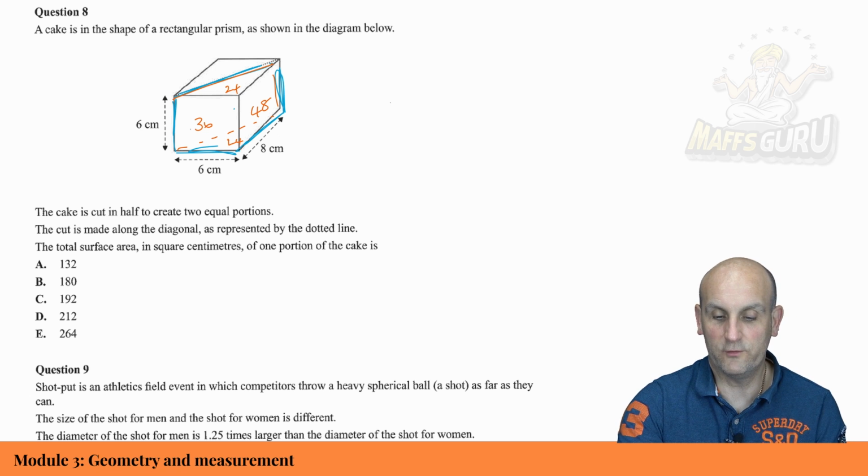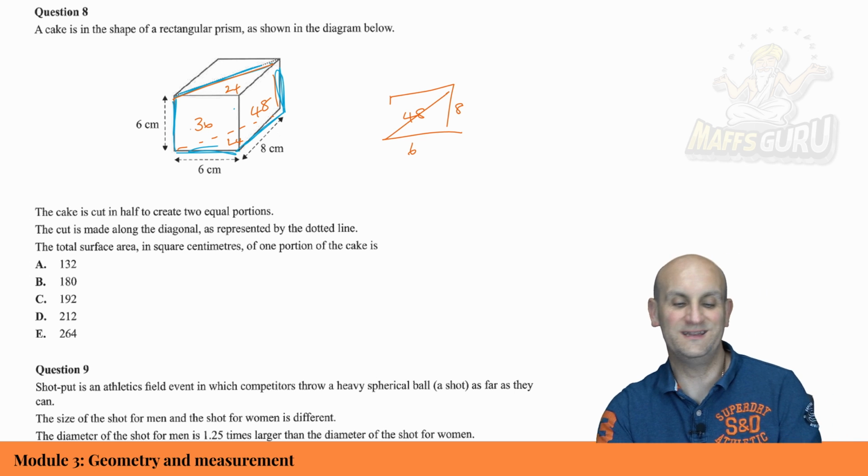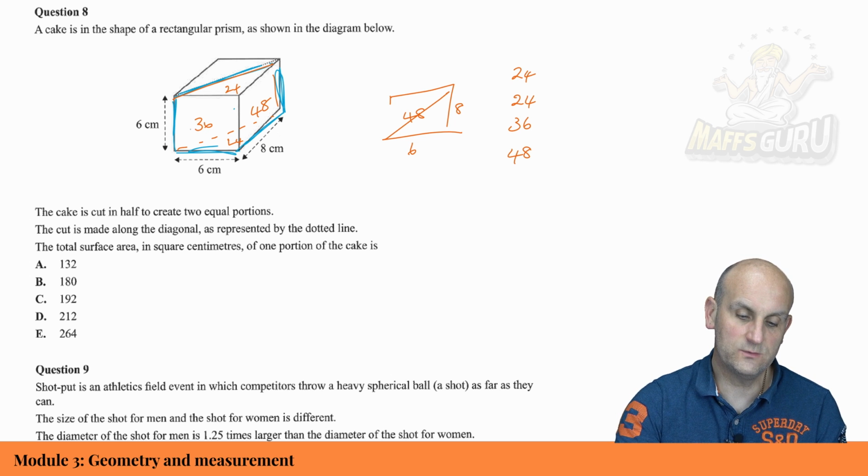Why? Well, we've got the top, which was 6 by 8, which was 48, but because we've only got half of it, it's 24. So far I've got 24, 24, 36, and 48, and I just need to work out this sort of face that I can't see.